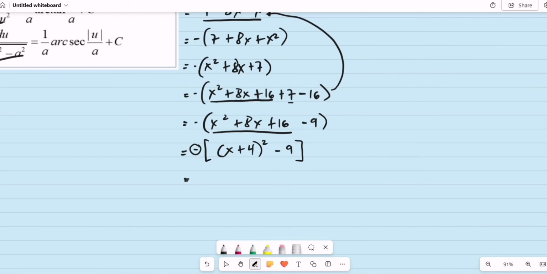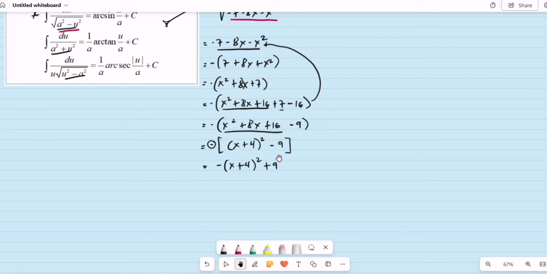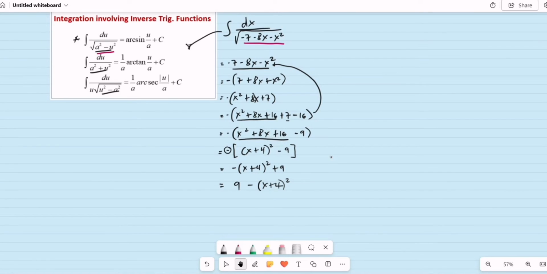That is equal to the negative quantity of x plus 4 squared, then negative times negative 9 is plus 9. If we rearrange again, that will be the same as positive 9 minus the quantity x plus 4 squared. So basically, negative 7 minus 8x minus x squared is equal to this expression.